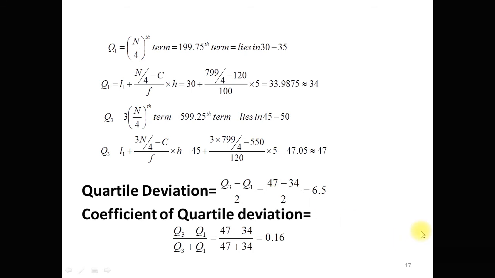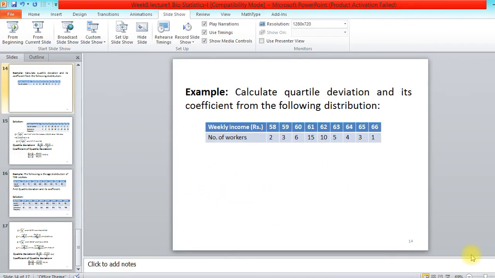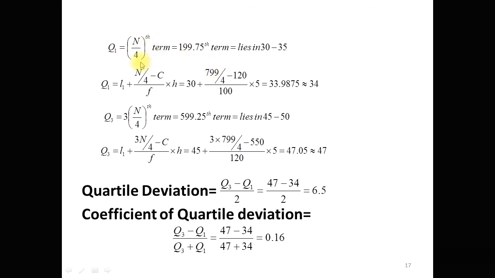But one point is very important to note: for the positions of Q1 and Q3, n plus 1 by 4 and 3 into n plus 1 by 4 will be used for ungrouped data, and n by 4 and 3 into n by 4 will be used for grouped data given in the form of classes. And this is the formula for Q1 and this is the formula for Q3.